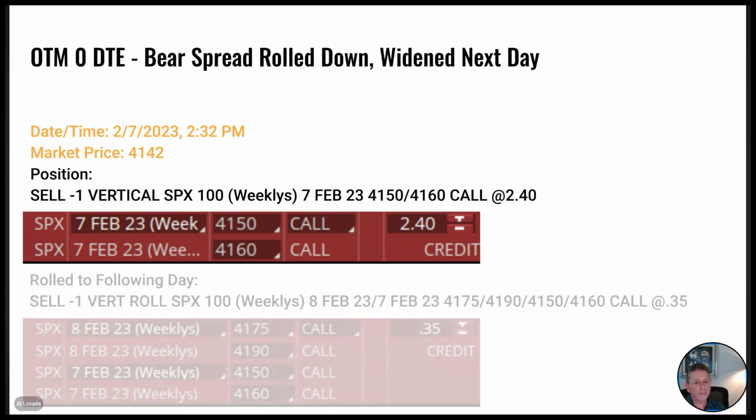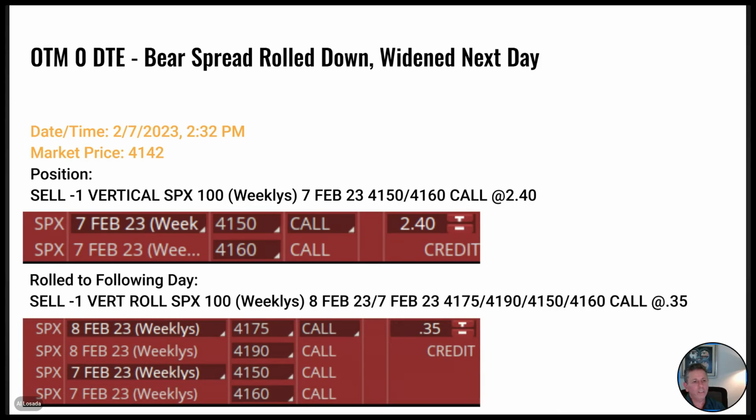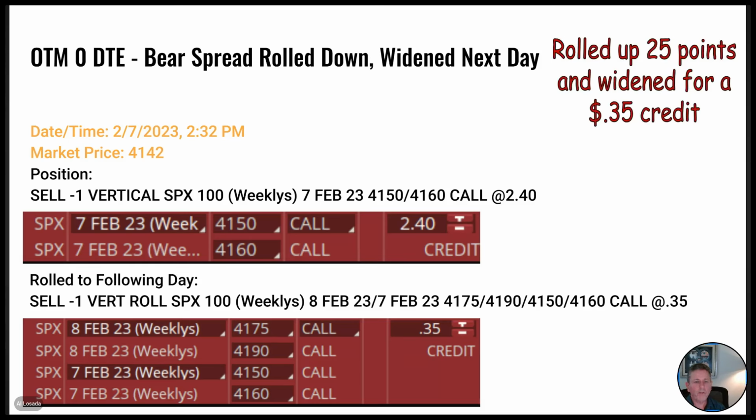But you're going to see now when you get in the money, that's when it really gets bad. All right, here again, you get the bear spread roll down, widened, and you have a 35-cent credit with 25 points.